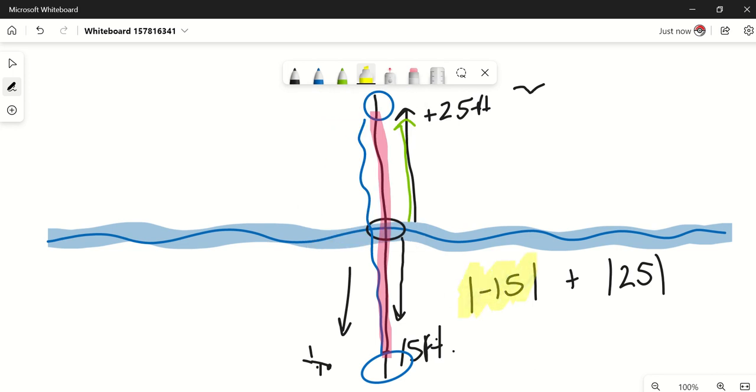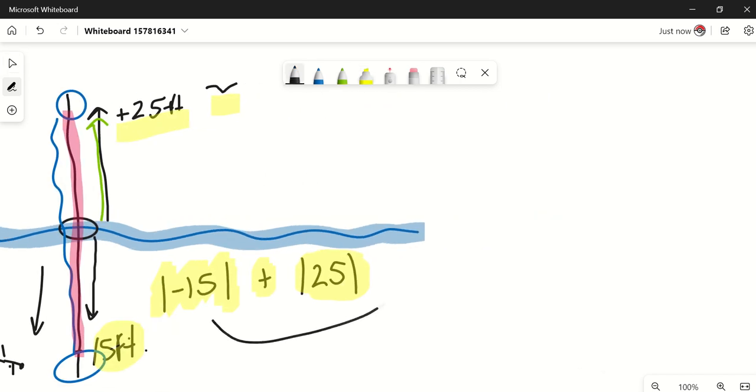Negative 15, the absolute value of negative 15, which represents Nevaeh's 15 feet dive down into the ocean, plus the absolute value of 25, which represents the 25 feet that our little seagull is above sea level, will give us our answer.